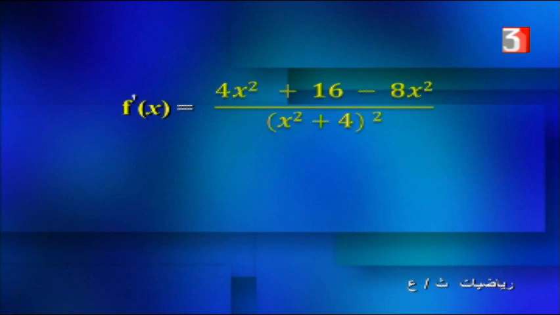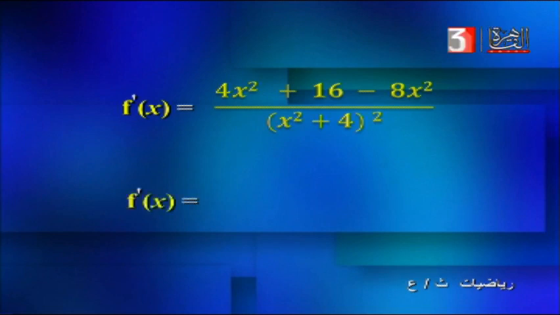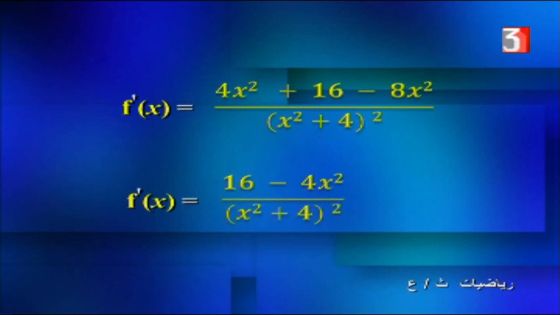We can write this function f'(x) as 4x power 2 plus 16 minus 8x power 2 all over (x power 2 plus 4) all power 2. Then f'(x) equals 16 minus 4x power 2 over (x power 2 plus 4) all power 2.